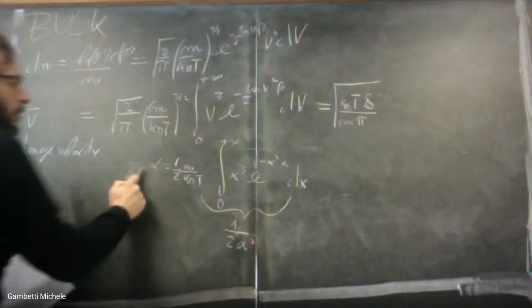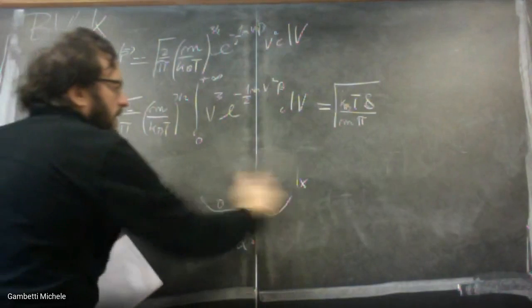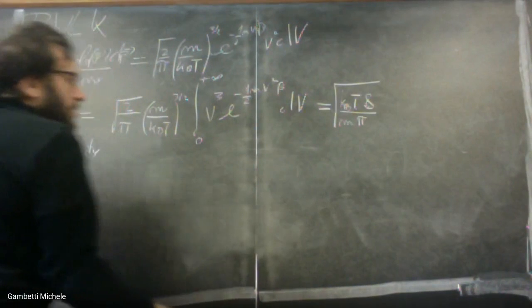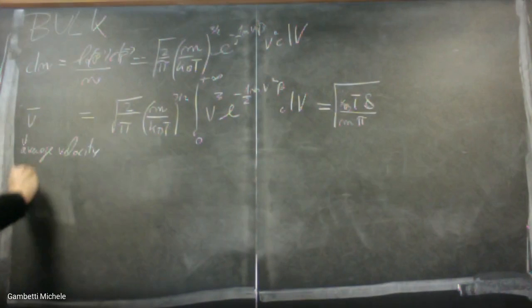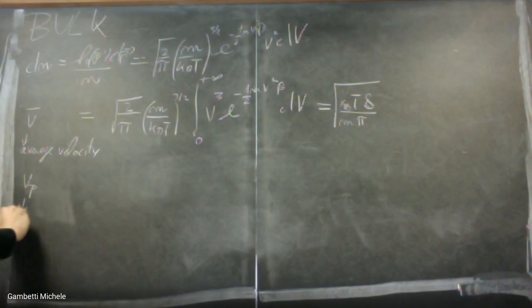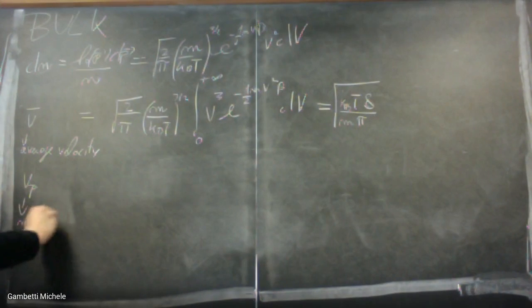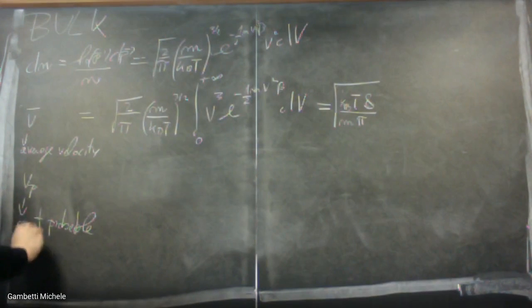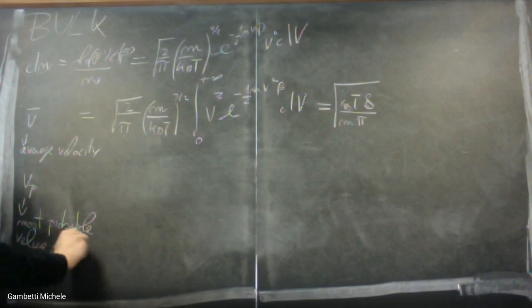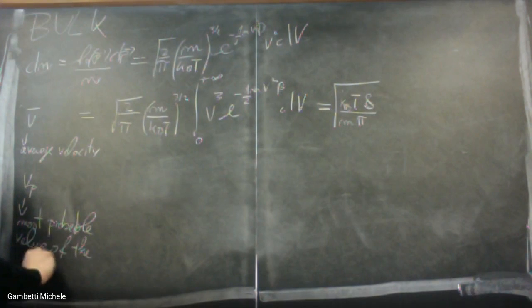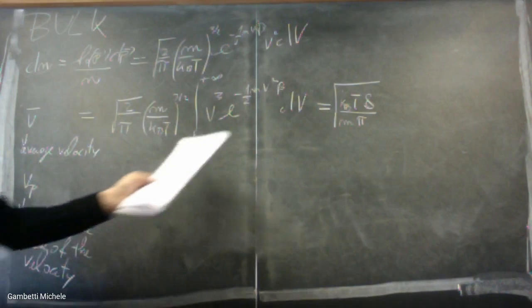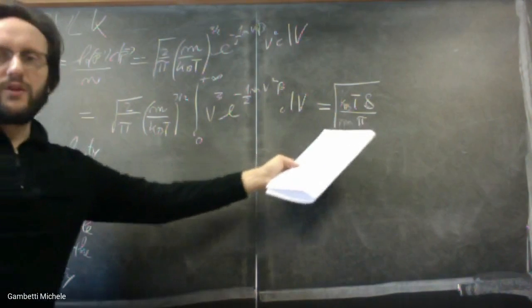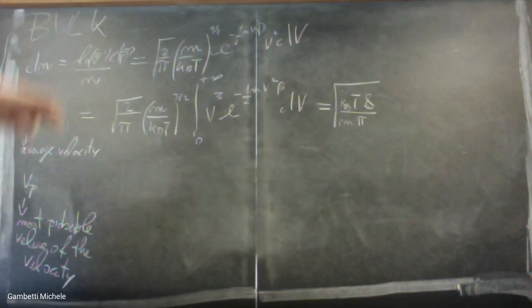So let me remove now this, and I want to compute which is the Vp, which is instead the most probable value of the velocity, which turns out, of course, to be different with respect to the average value because the distribution is asymmetric.